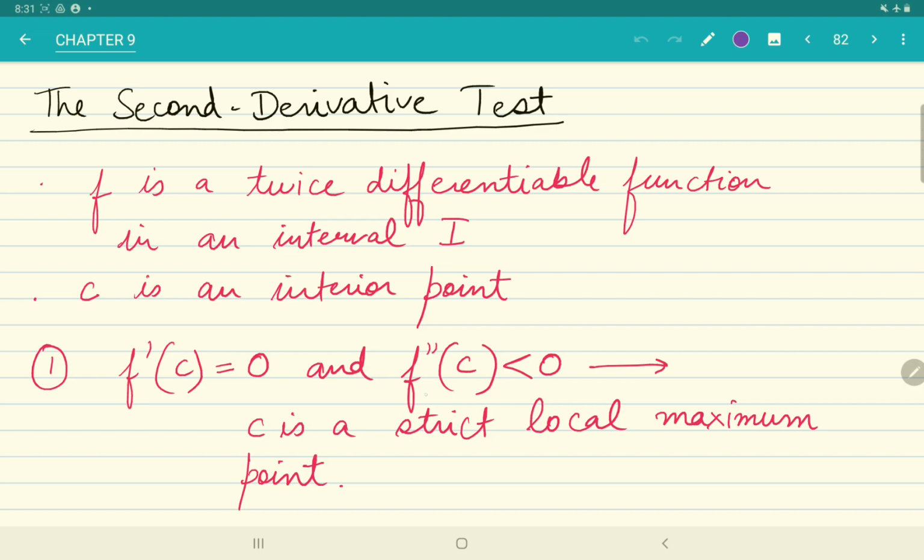So that means we have to take up now in this case f double prime t star, because c here in this case is a stationary point, because we have f prime c equal to 0, and in that question t star is the stationary point. So we have to go for f double prime t star.